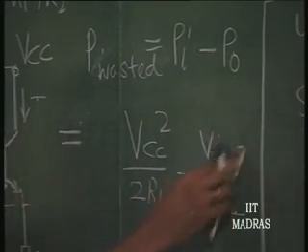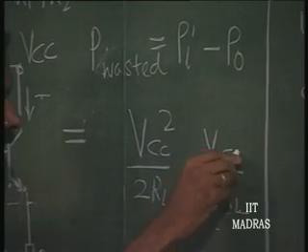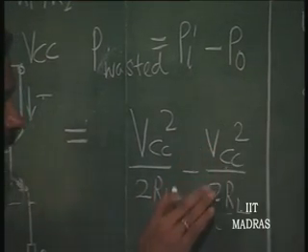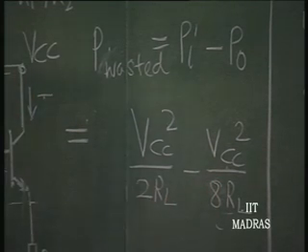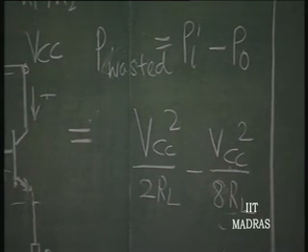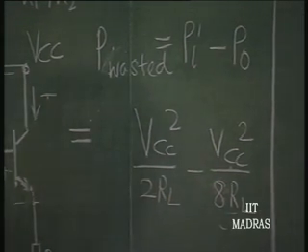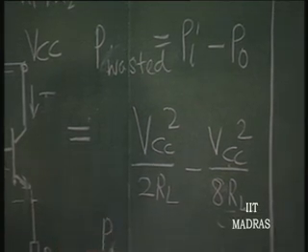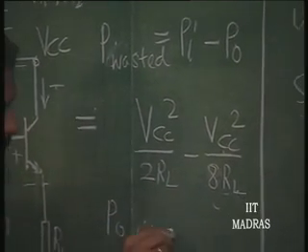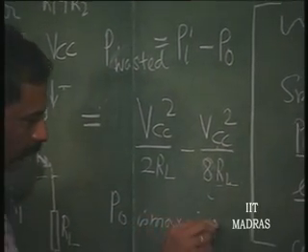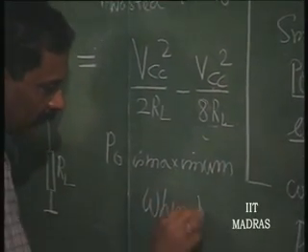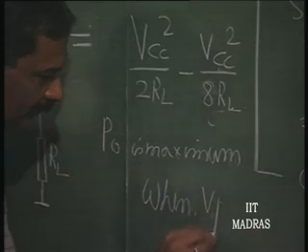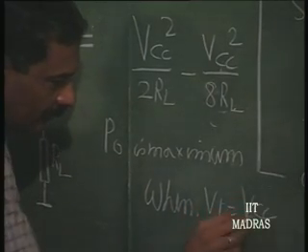So, this becomes Vcc squared by 8 RL. So, power output is maximum when Vp is equal to Vcc by 2.